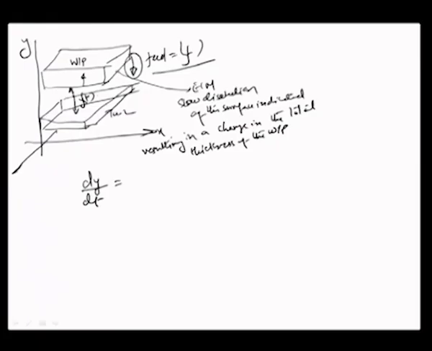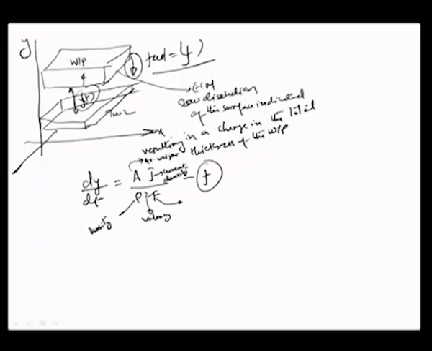So dy by dt, or the rate of change of this gap y between the workpiece and the tool, was estimated as A times J by rho Z F minus the feed f here, where Z is the valency of the metal which you are dissolving, A is the atomic weight, J is the current density vector, which is nothing but the current per unit area, rho is the density, and F of course is 96,500 coulomb.